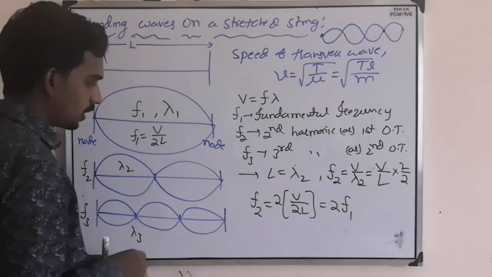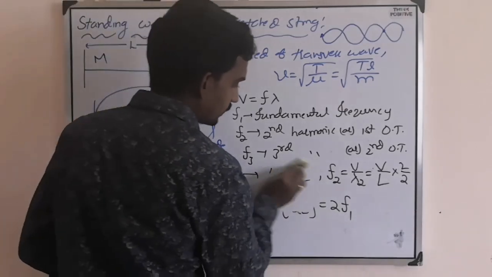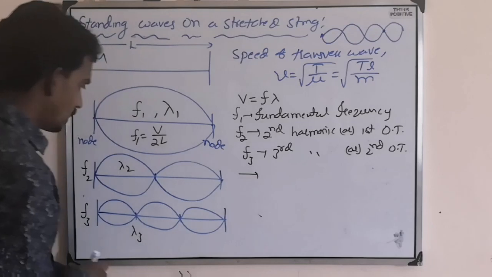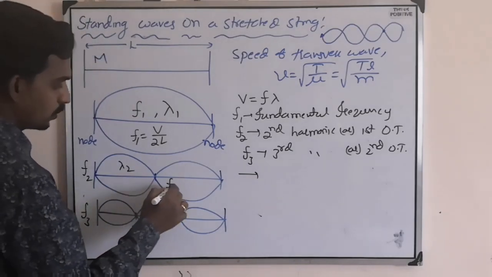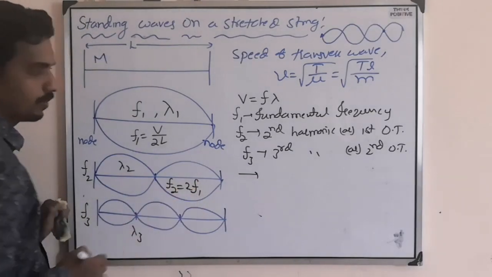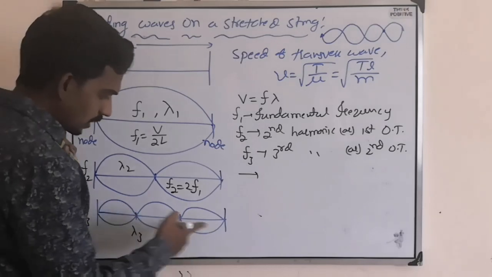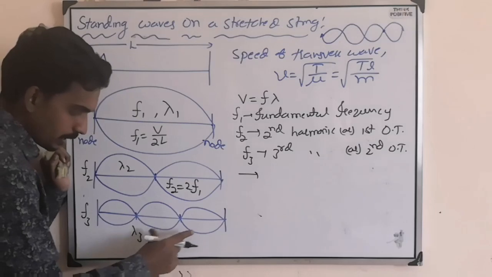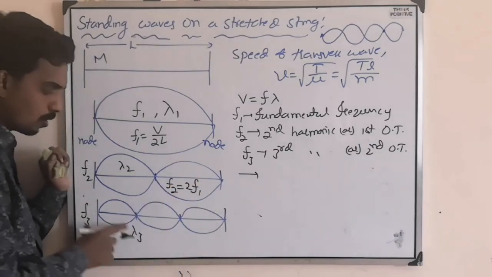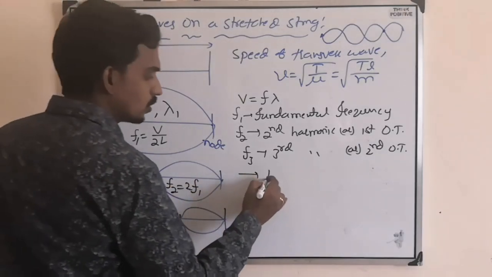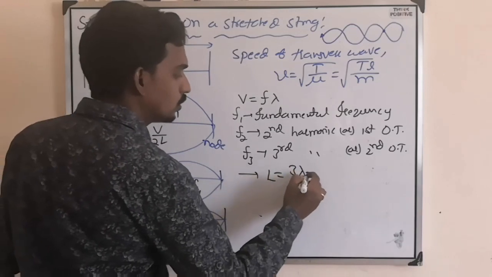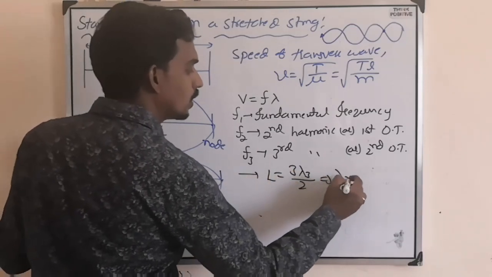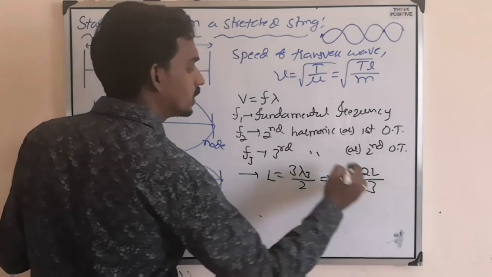In a similar way, consider the third case. Our F2 is 2F1. Now if you take the third case, see, lambda by 2, lambda by 2, lambda by 2, so 3 lambda by 2. The length of the string is equal to 3 lambda by 2, so lambda will become 2L by 3.